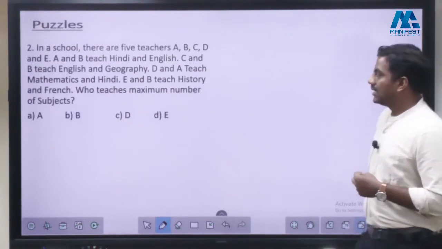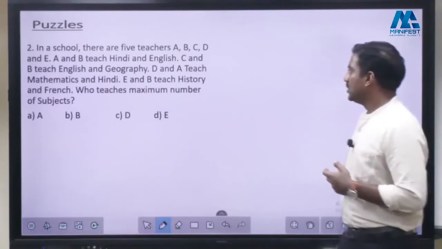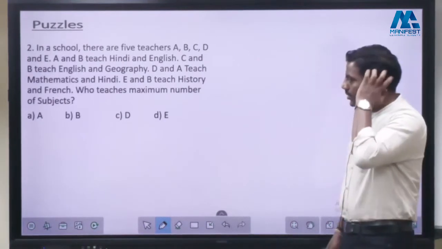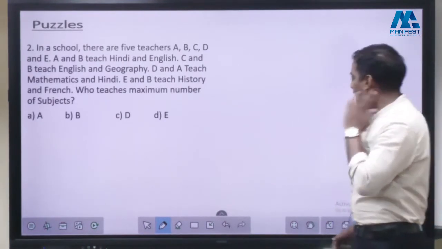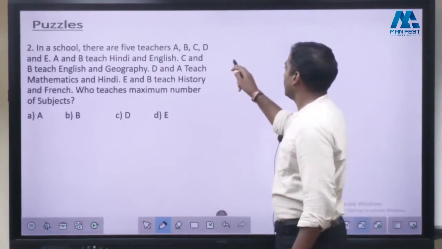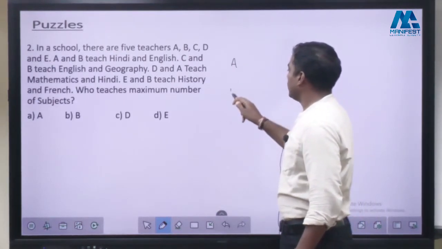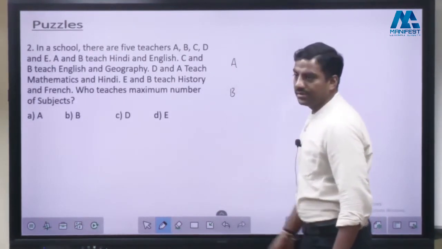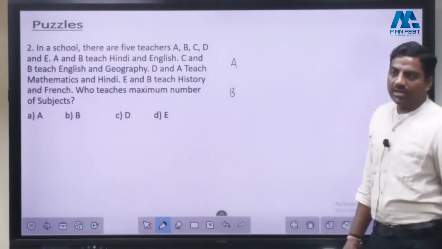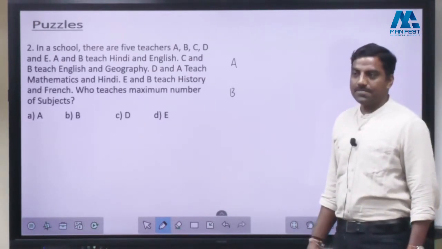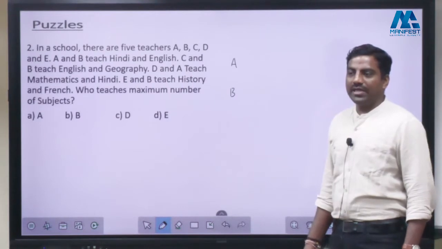Next. In a school, there are 5 teachers, A, B, C, D and E. A and B teach Hindi and English. So what does that mean? A Hindi, B English? Or B Hindi, A English?